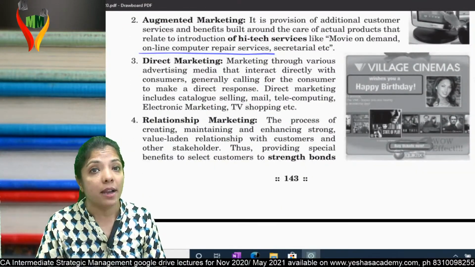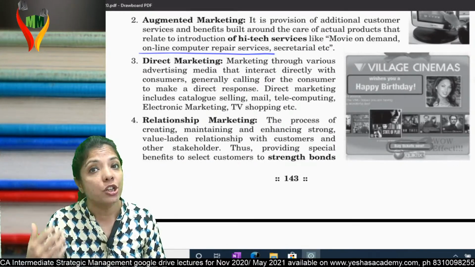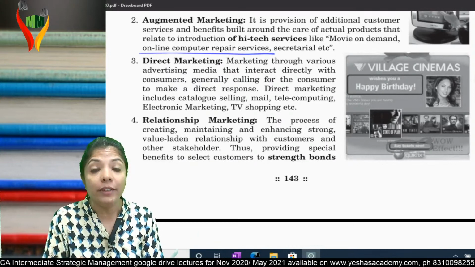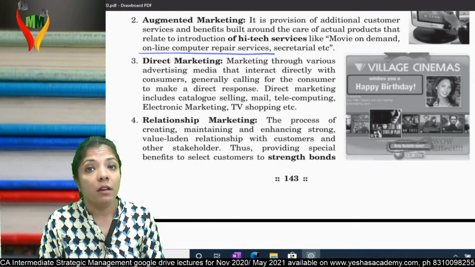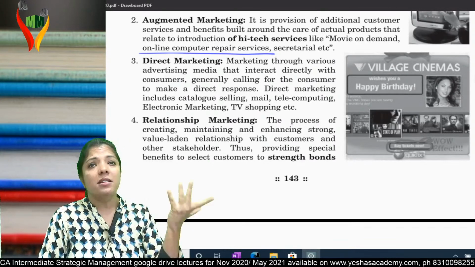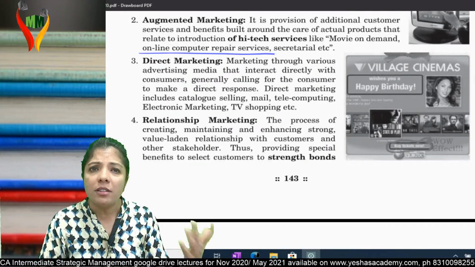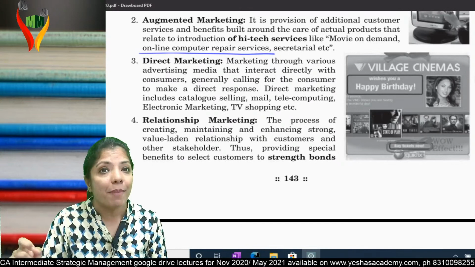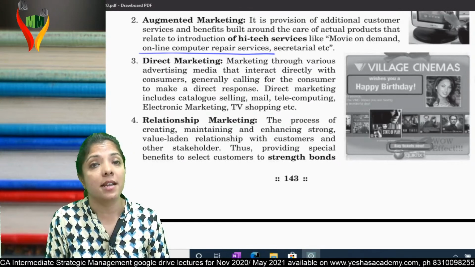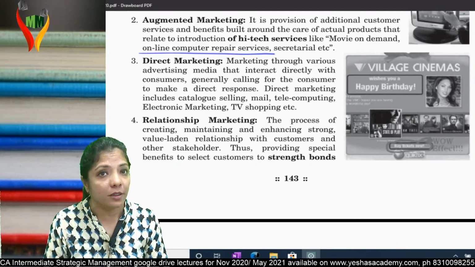What is relationship marketing? Your business depends upon how strong your relationship is with your customer, and for that you need to build up your relationship with your customers. For example, nowadays this is so common. You go to some restaurant, and after lunch or dinner, they ask you to give some feedback, and while writing the feedback you are even asked for personal details such as your birth date, your spouse's birth date, your marriage anniversary, your children's birth dates.